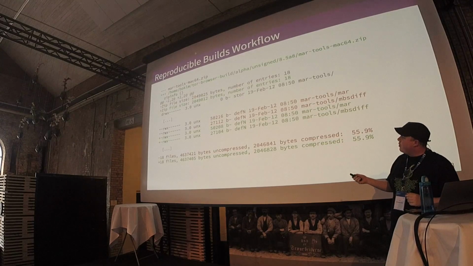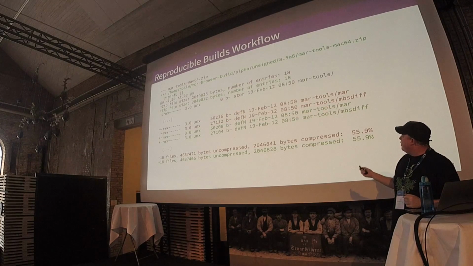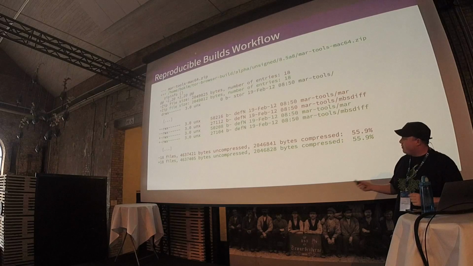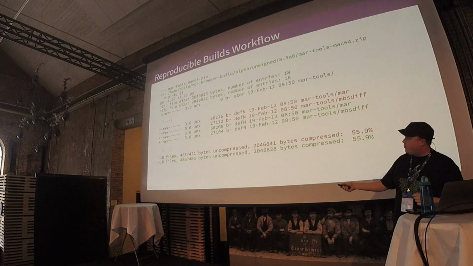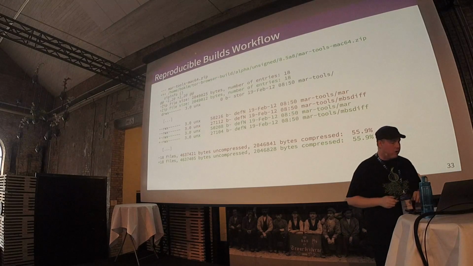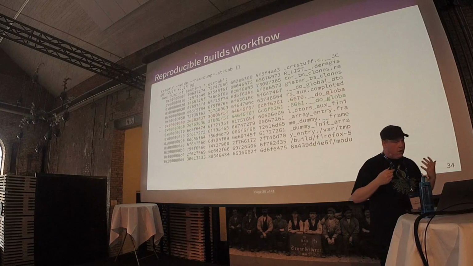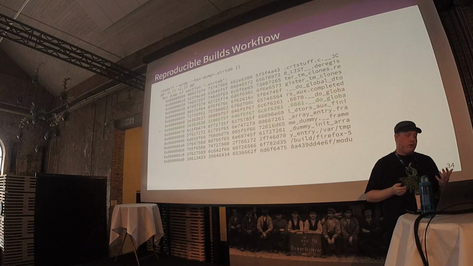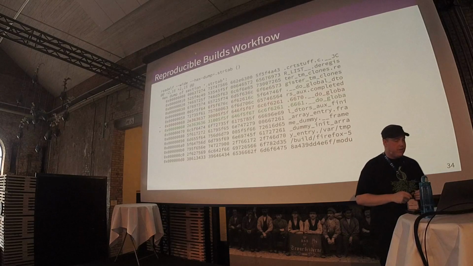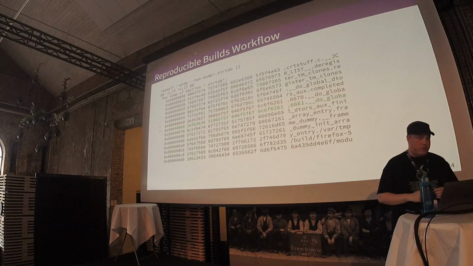We can see that there are some differences in the byte sizes. It's particularly these two tools that are different, and we have some more information. I've trimmed some of the output here because it's a bit longer. Here it starts looking at the actual ELF binaries and sees that there is a 2-byte difference in this particular file.